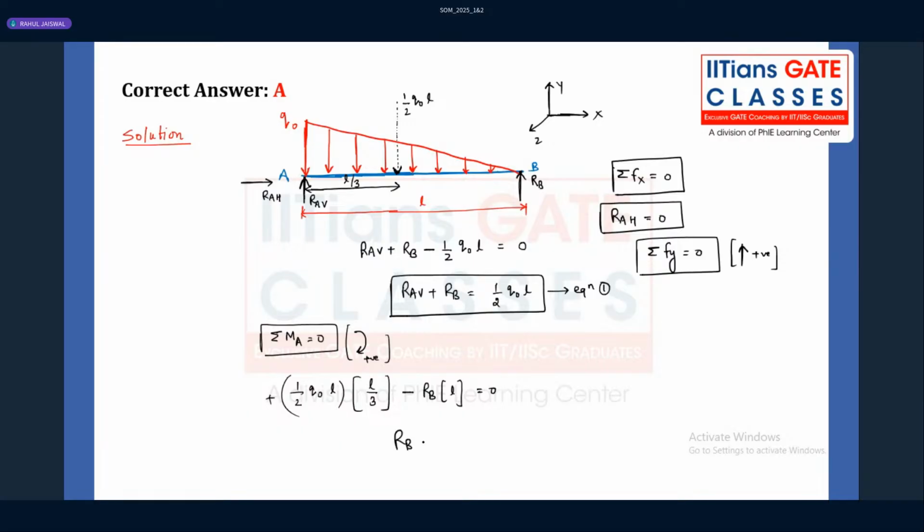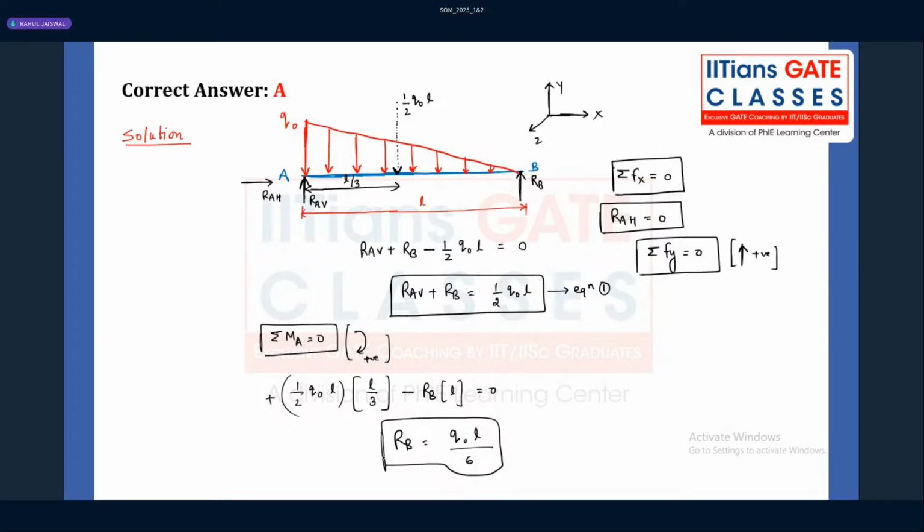If you calculate RB, you are going to get Q naught L upon 6. This is the value for RB.